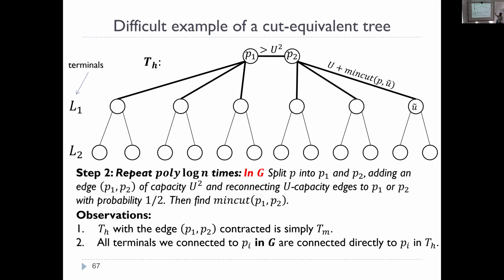Every time that we do this polylog n repetition, in every repetition, we get a lot of information about how the eventual Gomory-Hu tree looks. Maybe we don't get exactly which grandchildren belong to which children, but we do get, in a batch kind of way, that roughly half of the grandchildren belong to roughly half of the children.